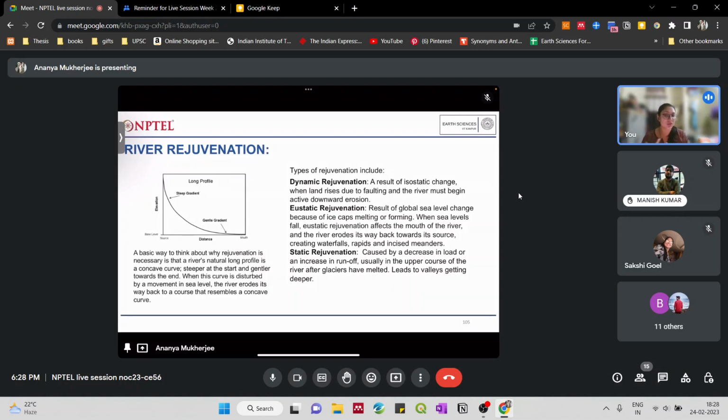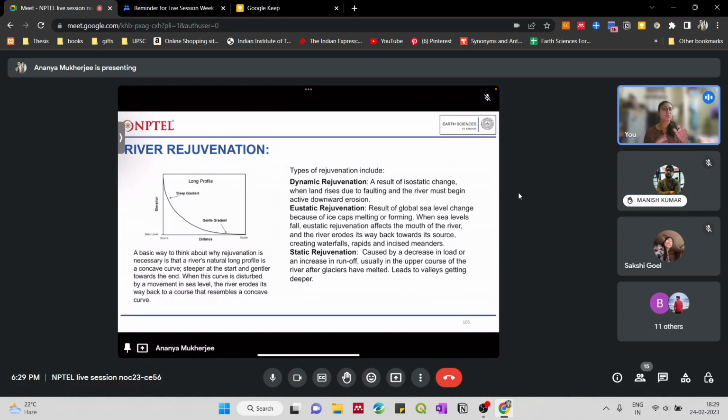Eustatic rejuvenation is due to the global sea level change, as I mentioned before, because of ice caps melting or getting accumulated over time and not melting faster than the accumulation rate. When the sea levels fall, it will affect the mouth of the river.